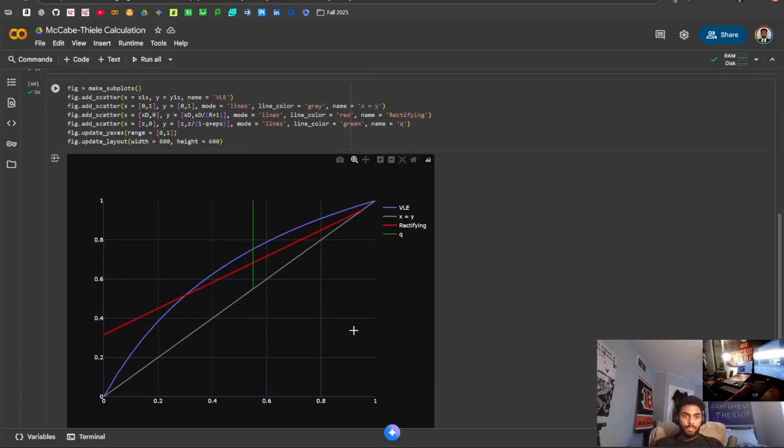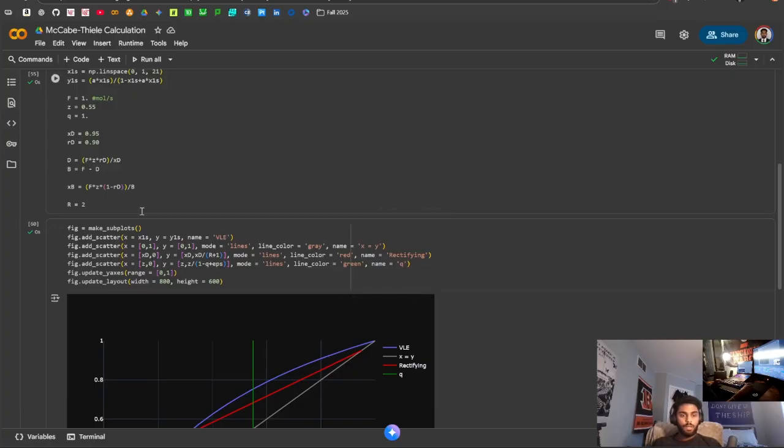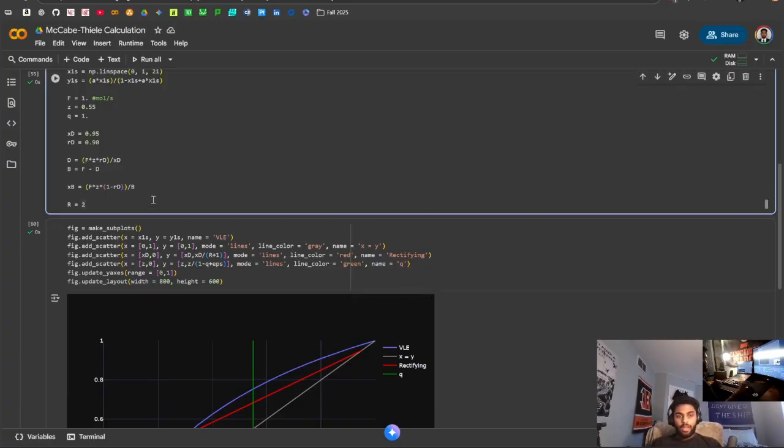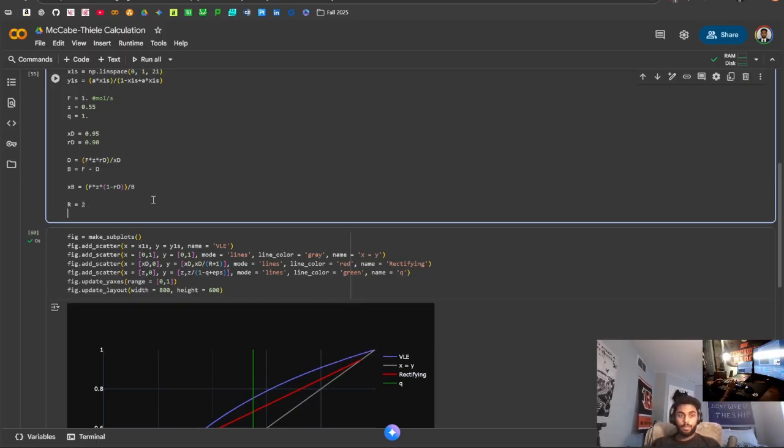Okay, so let's do this for our stripping line now. Remember that analogous to our reflux ratio for our rectifying section, we have something called a boil-up ratio for our stripping section. And in a previous video, we actually derived the equation for our boil-up ratio in terms of the reflux ratio, our distillate flow rate, our feed composition, and our feed quality.